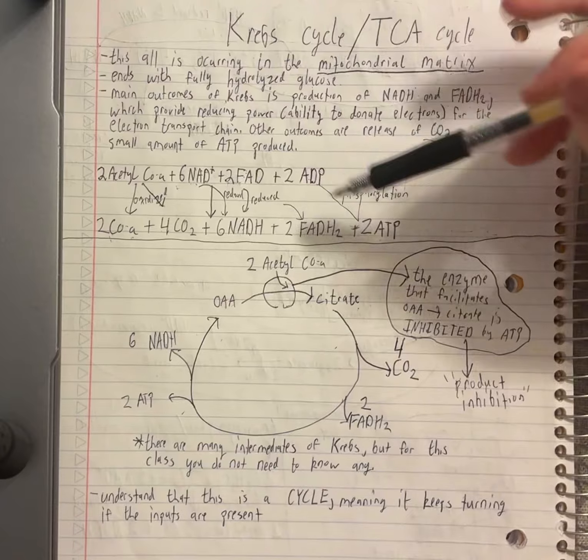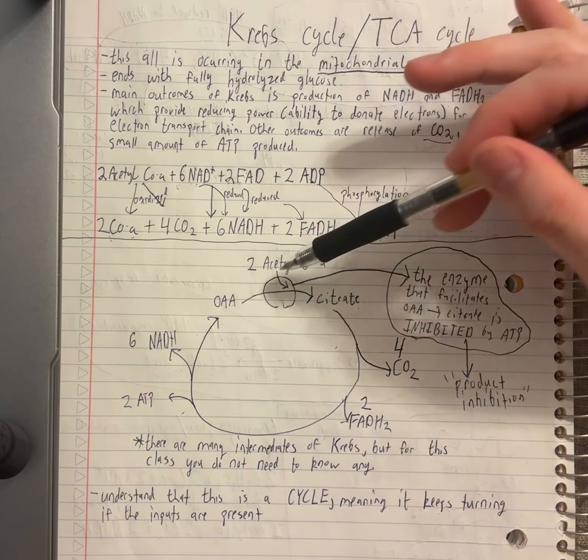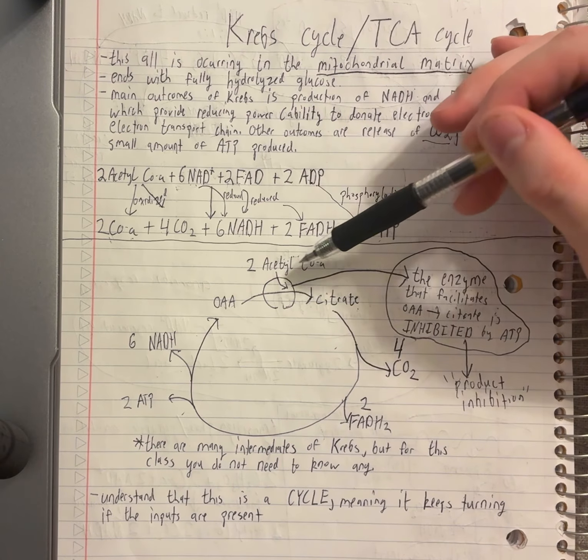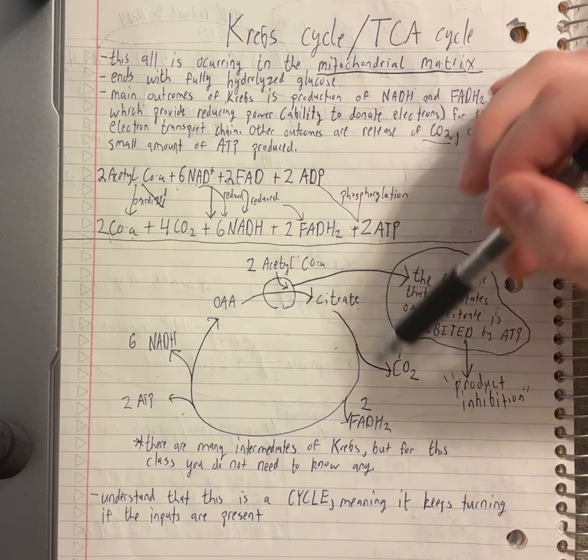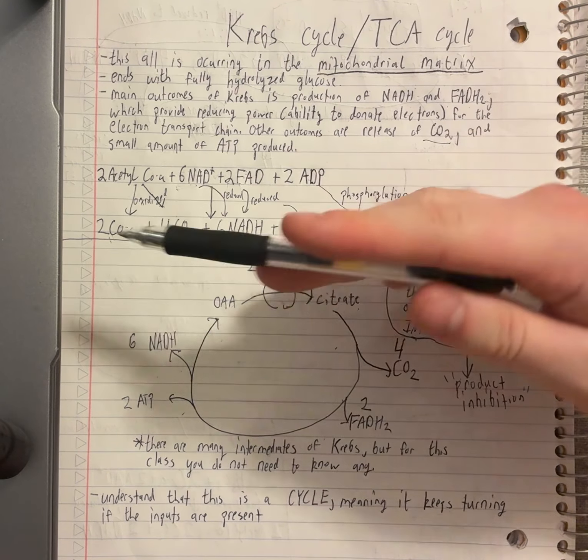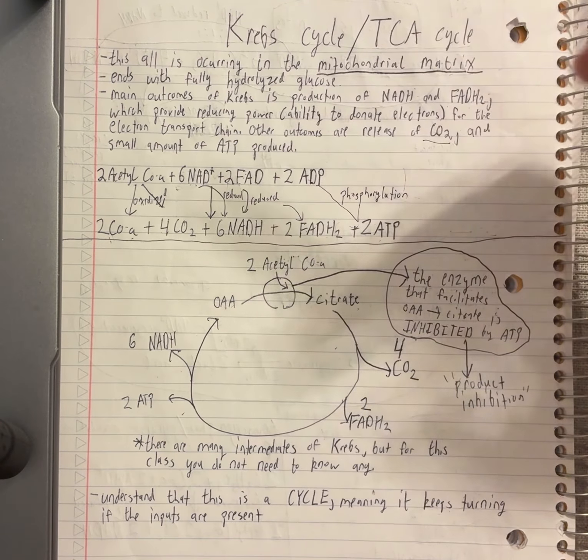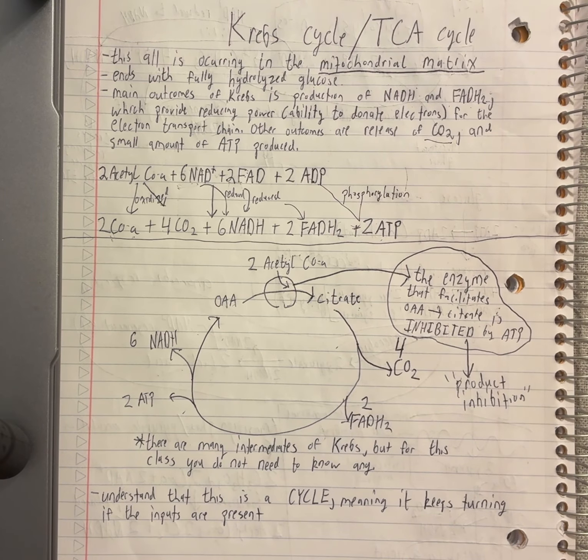So all I want you to know about the Krebs cycle is that we're going to take this acetyl-CoA and put it through this cycle that has all kinds of intermediates. I could go through them, but it's honestly just confusing.